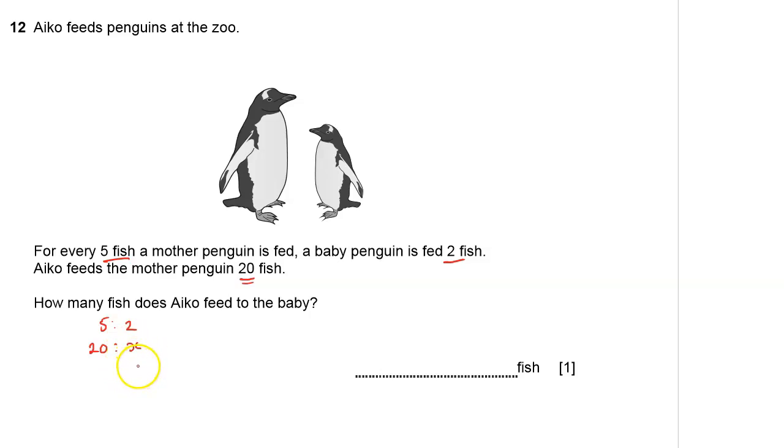You can reason that 5 is 20 and 2 will be what? Then you cross multiply. What you get here is 20 times 2 divided by 5. This should give us 40 divided by 5, which gives us 8. So the baby penguin is fed 8 fish.